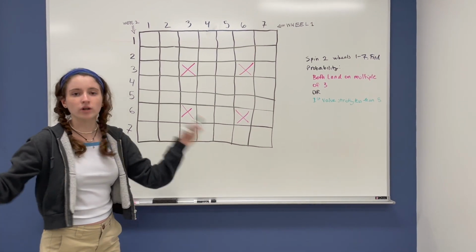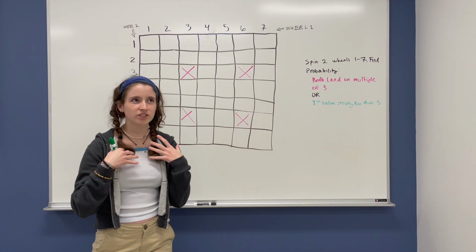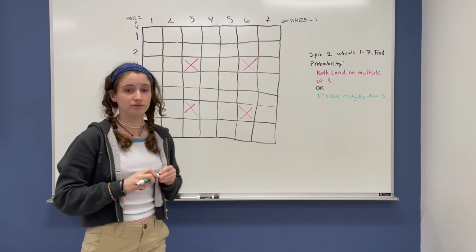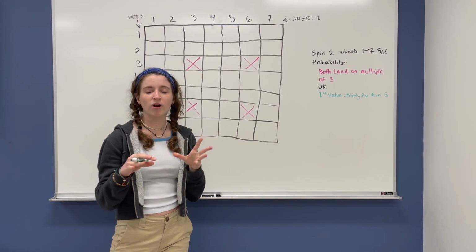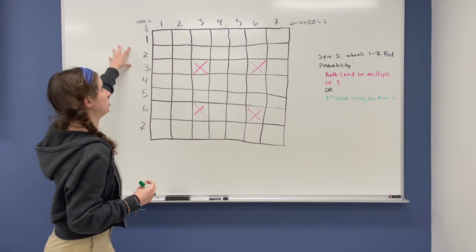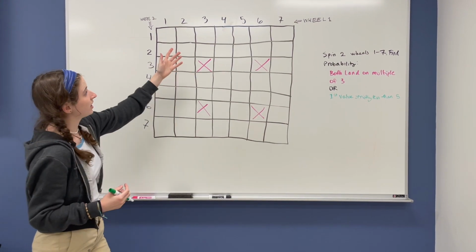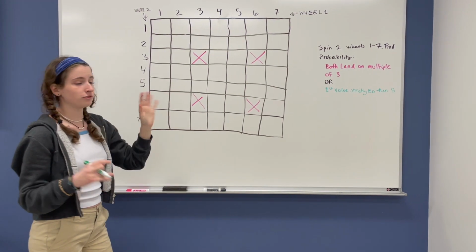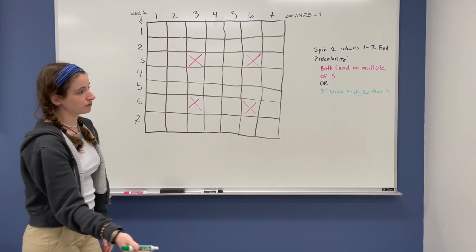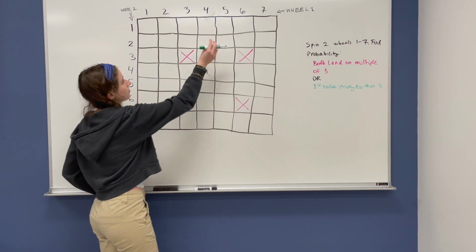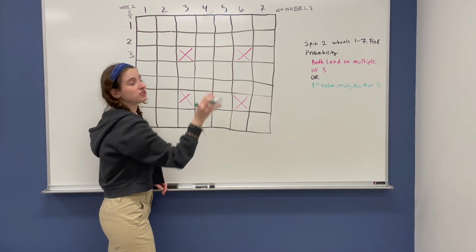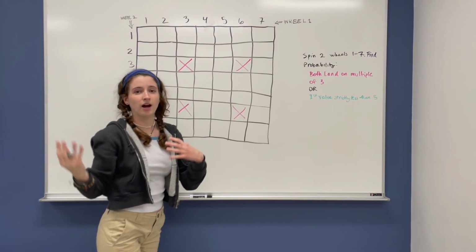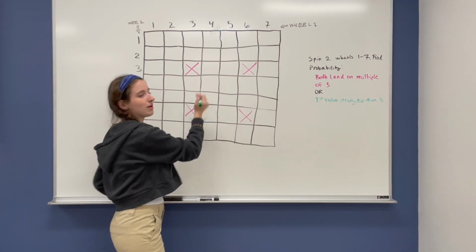Now we're going to mark all cases that satisfy the second condition, and that's the first value is strictly less than 5. When you're doing these problems, it's important to keep track of which one is wheel 1 and which one is wheel 2. In this case, I said that the columns are wheel 1, so that's the first value, strictly less than 5. That doesn't include 5, that means only 4, 3, 2, 1, because strictly less discounts the equality, if that makes sense.